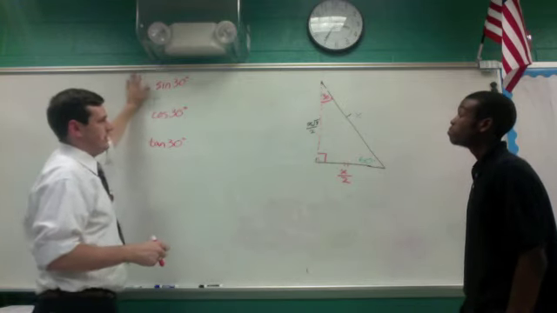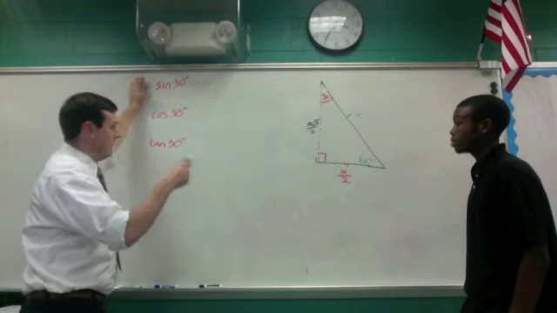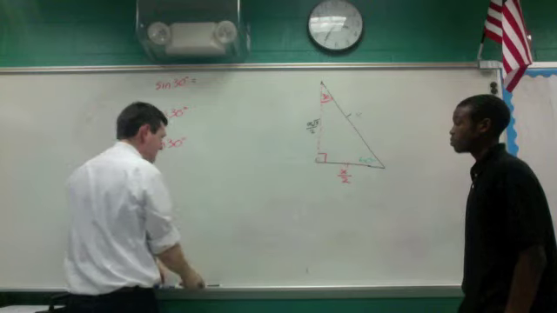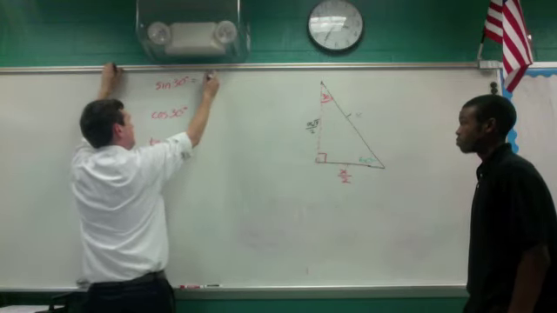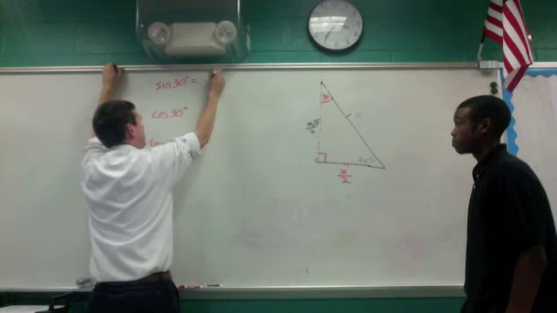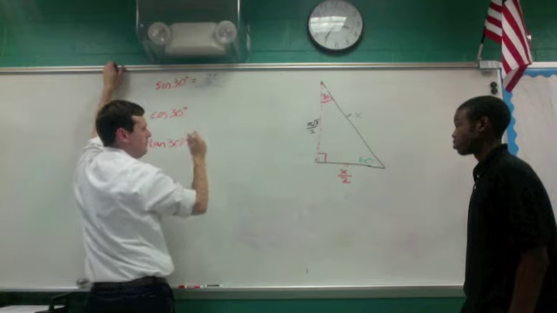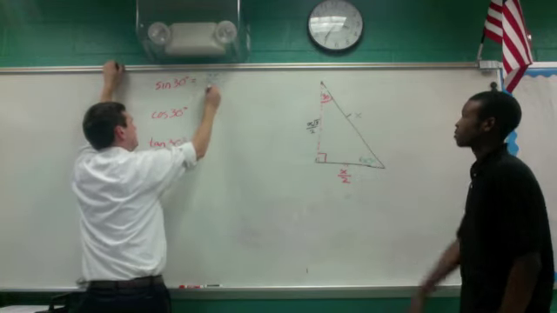So sine of 30. Now sine is, again, opposite over hypotenuse. In this case, the side opposite 30 is x over 2, over, and then what's the hypotenuse? x.